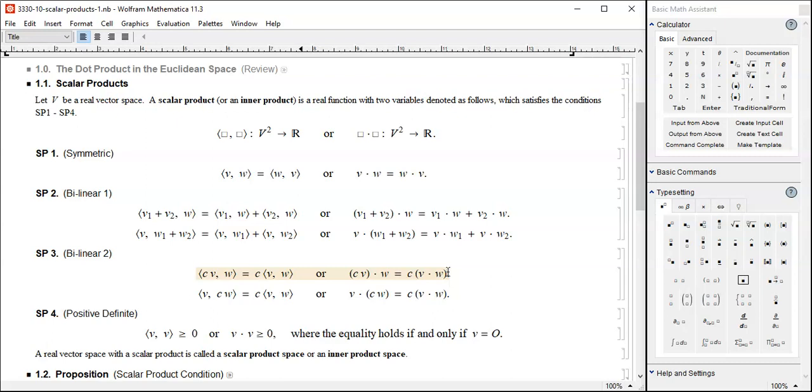So the second component is fixed as W, and with respect to the first component, we have linearity. Addition is separated, and then scalar multiplication is separated. If you look at the second line, exactly the same thing is going on to the right-hand side. The second component is linear because we can separate the addition, as you can see here, and scalar multiplication. So we have linearity in the first component and also linearity in the second component. That's why it is called bilinear.